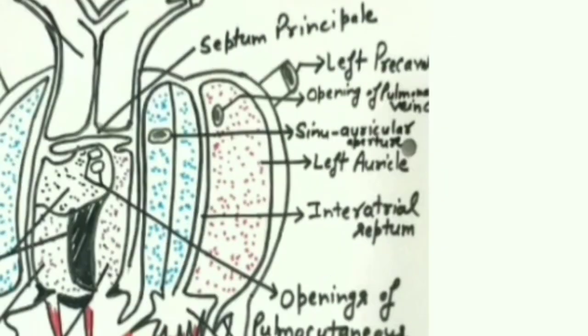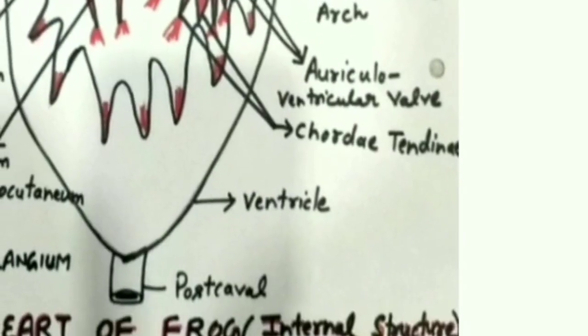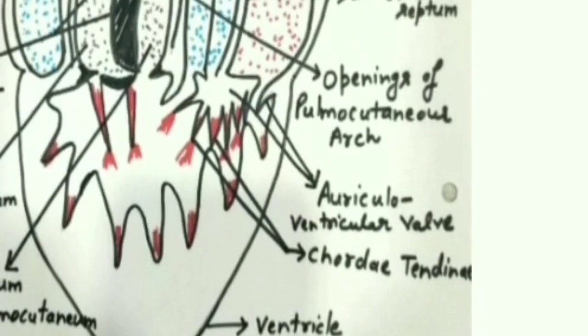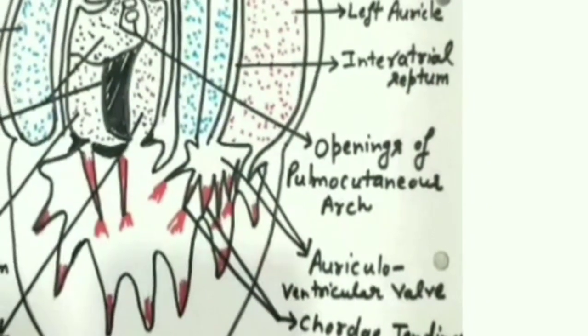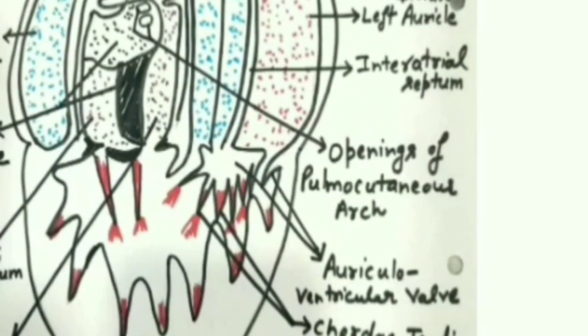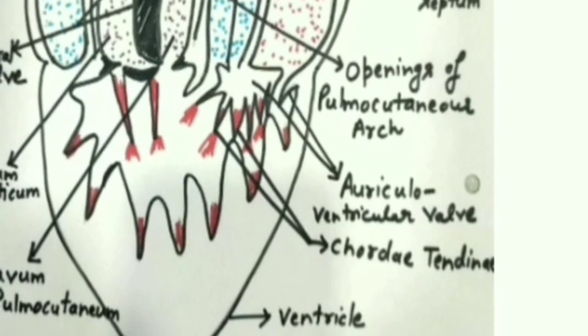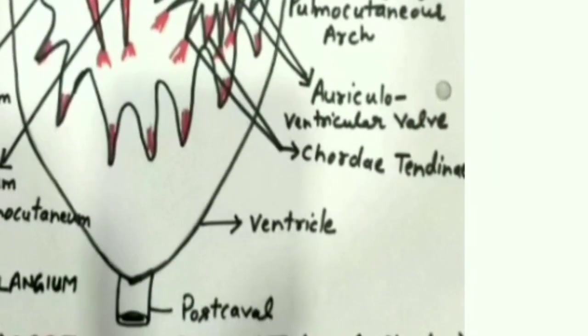The upper part is synangium and the proximal part is phalangium. Now see the phalangium further. Phalangium is divided into two portions: cavum aorticum and cavum pulmocutaneum.